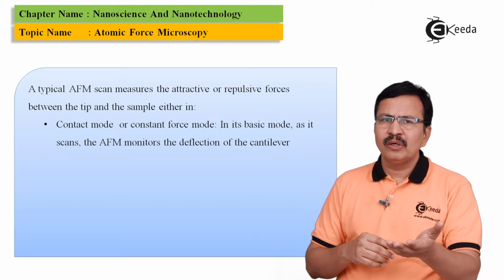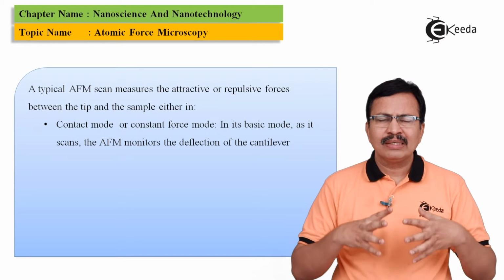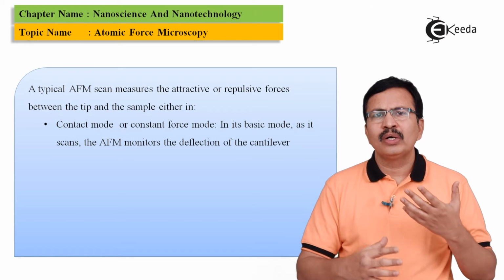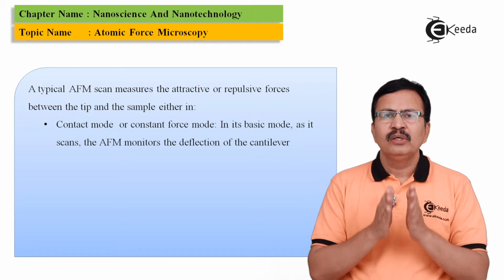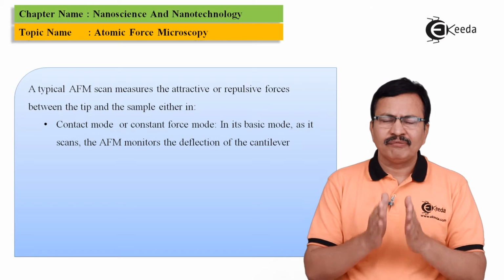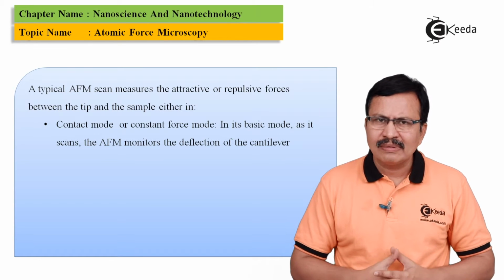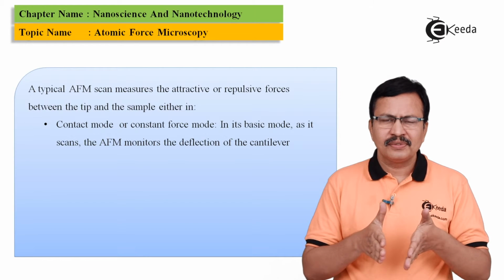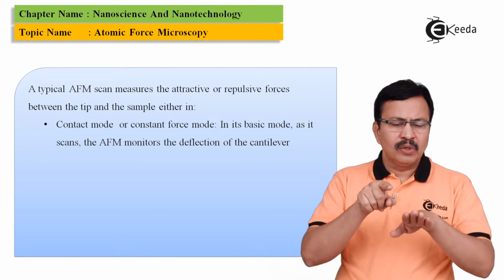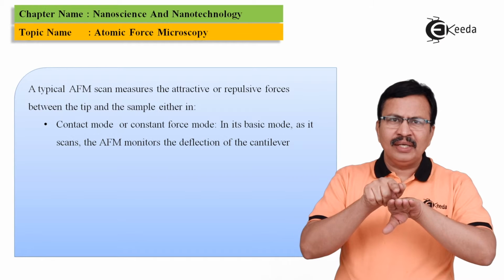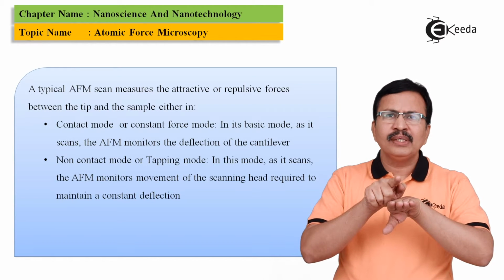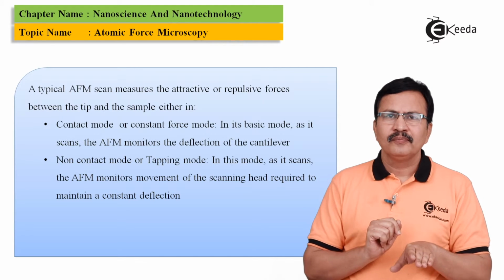In the second mode of operation, what we have is a non-contact mode, or rather it is also called the tapping mode of operation of the AFM. So what basically happens in the tapping mode of AFM? Remember, in the contact mode, there is going to be a variation in the force, and hence a variation in the deflection of the cantilever.